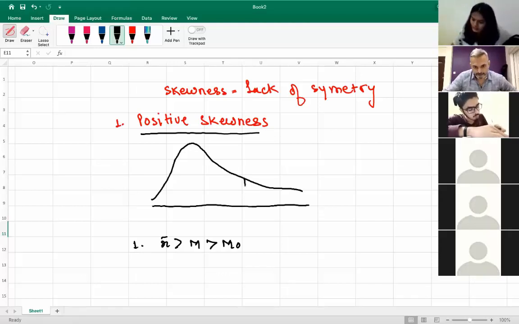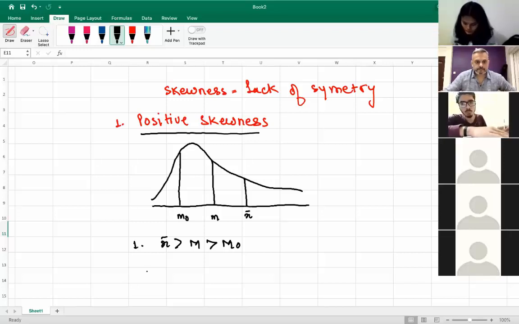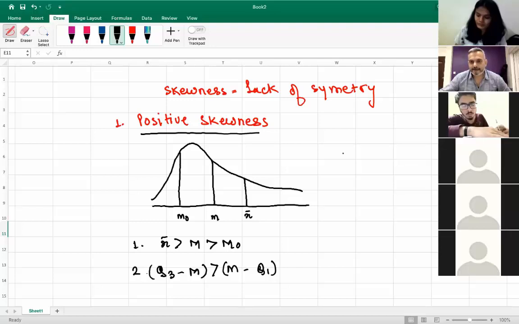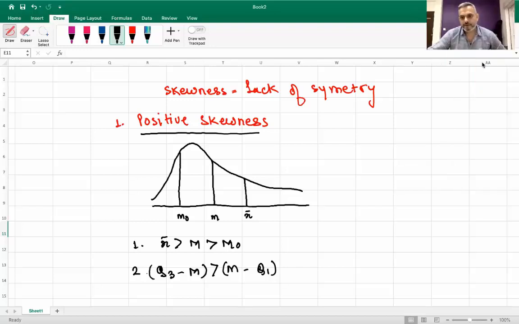Let's say here is the mean, here is the median, and here somewhere is the mode. Second, Q3 minus M is greater than M minus Q1.